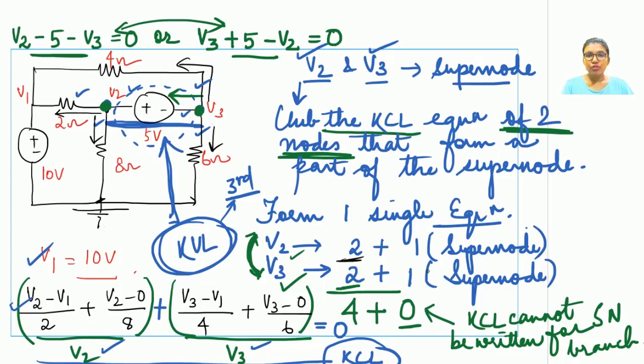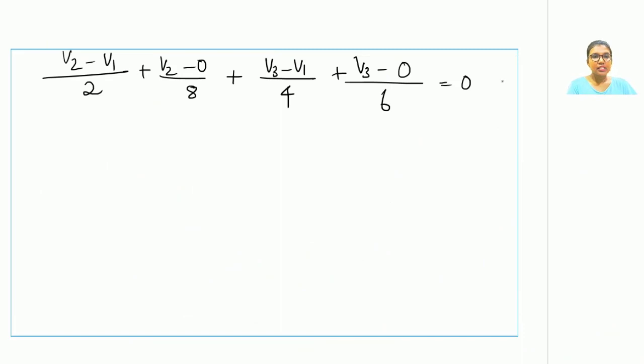So now we have our three equations present with us. The first equation is already solved because the value of V1 is directly obtained as 10 volts. Now we are left with two equations. One is for the supernode equation and the other equation is the KVL applied at the supernode branch. Let us solve these two equations and find out the values of V2 and V3. This is the first set of equation. I'm rewriting both the equations over here.